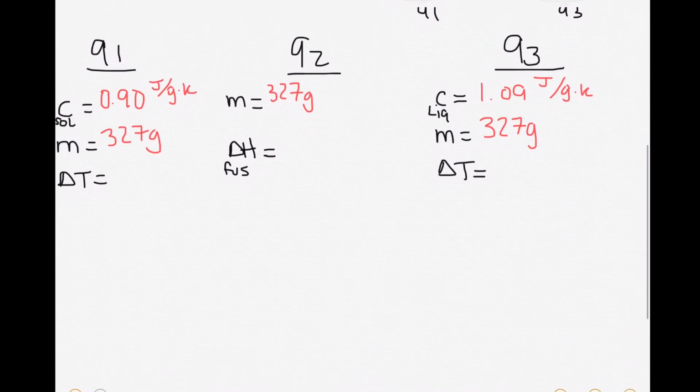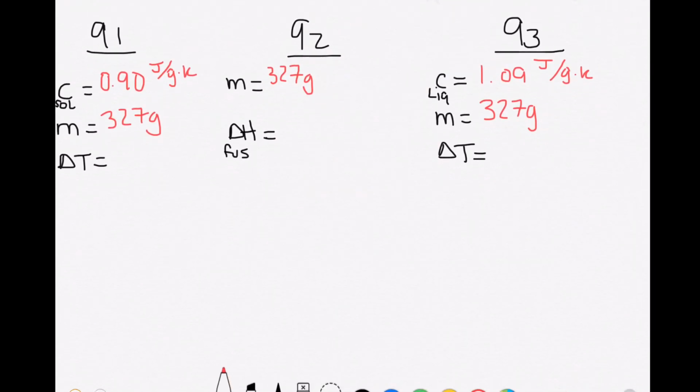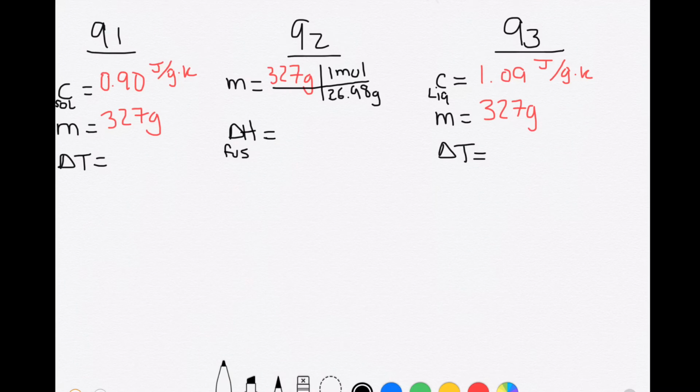So what I have to do is pull the molar mass of aluminum, which, if you look it up on the periodic table, is 26.98 grams per mole. And I'm going to calculate that conversion out, and what I should end up with is 12.12 moles of aluminum, and that's what I'll actually use for my Q2 calculation.